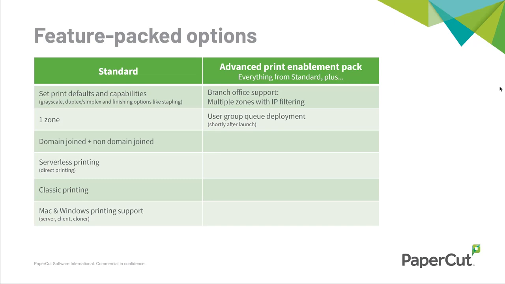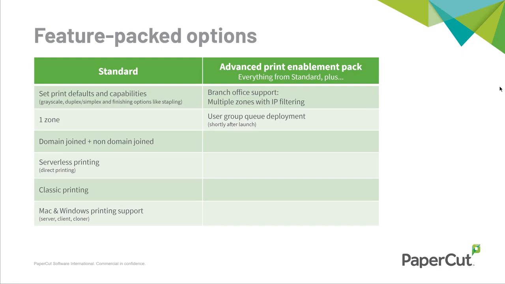So if you need to deploy print queues out to all your staff and everybody gets the same queue, this option is perfect for you. You get support for domain joined and non-domain joined computers. Serverless printing is supported. Classic printing is supported. And then at launch, we're supporting Mac and Windows. And as mentioned previously, shortly after launch, we'll be supporting Linux and Chromebook as well.